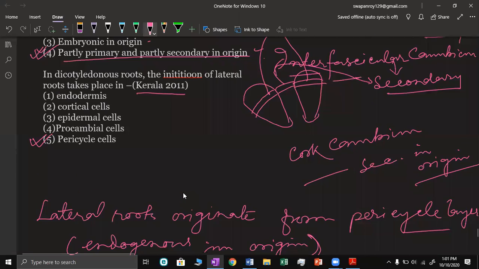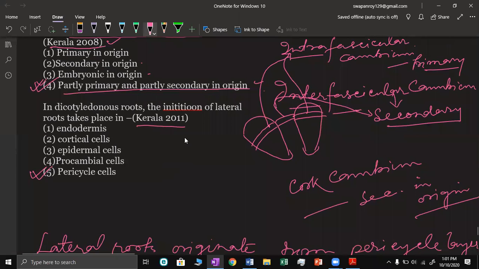In some earlier state medical colleges and other places, there were 5 options. This one also had one more option; I kept only 4 here. Whatever it is, our answer is pericycle cells.